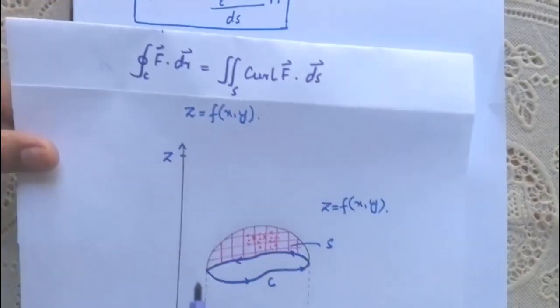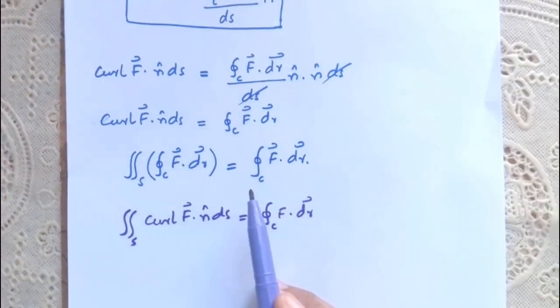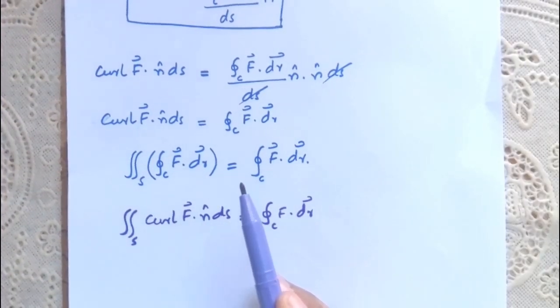And it is the left hand side of the Stokes theorem, right? So it was a geometric proof of Stokes theorem.